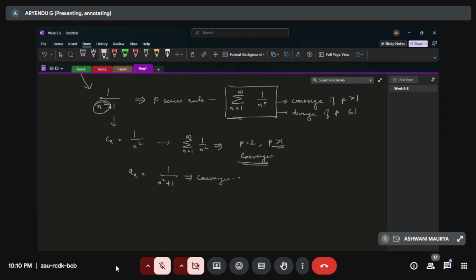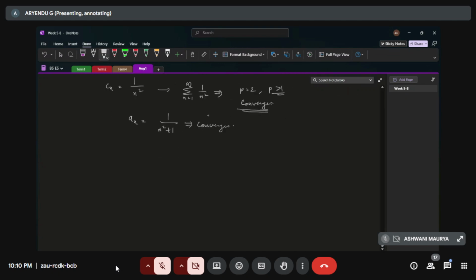So let us take another example, and in the opposite direction, you can see a situation where this diverges. Take sigma n is equal to 1 to infinity of 1 by n square plus 2n plus 1. We need to see if this one converges. This is the question.